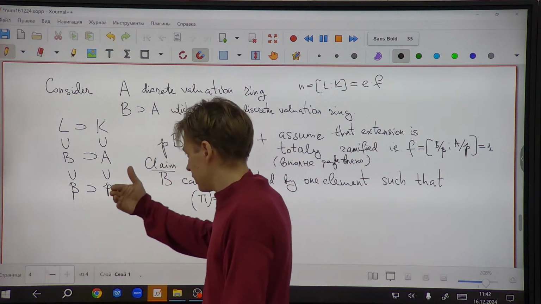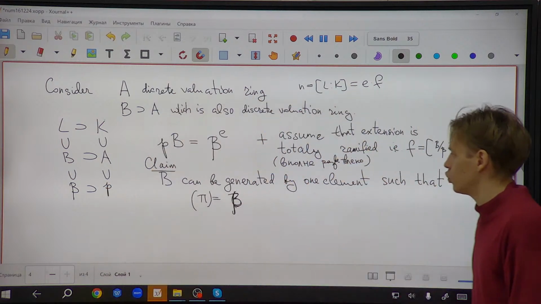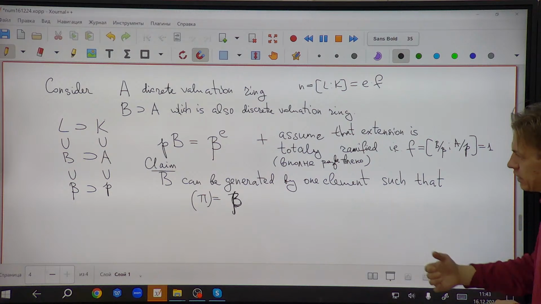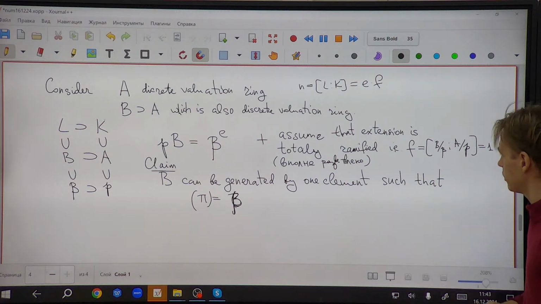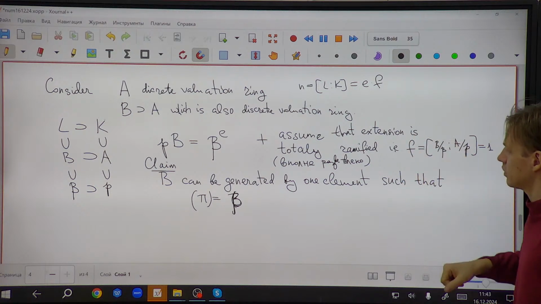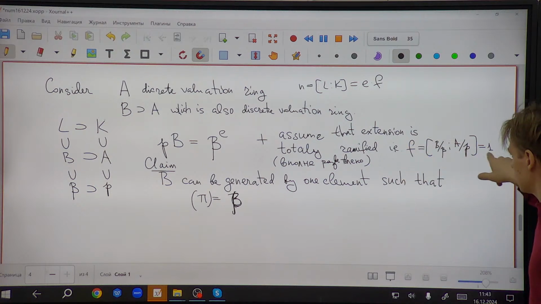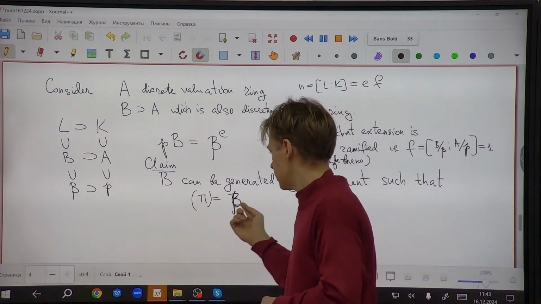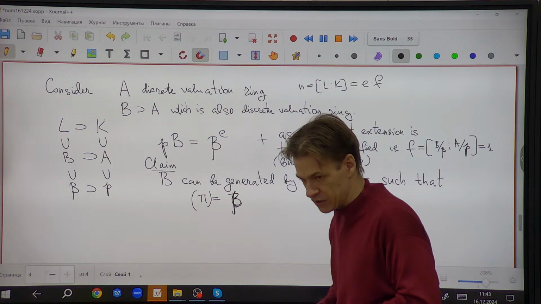And in the case when this is totally ramified, so when this is 1, we shall see from the construction that the generator will be a uniformizer.